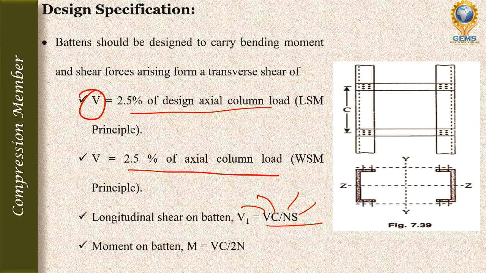Second, we have to find the bending moment on batten. M is equal to Vc by 2N. Here in the moment we don't have the transverse distance between the centroid of bolt group or rivet group. So this is how we will find the longitudinal shear and bending moment on the batten.